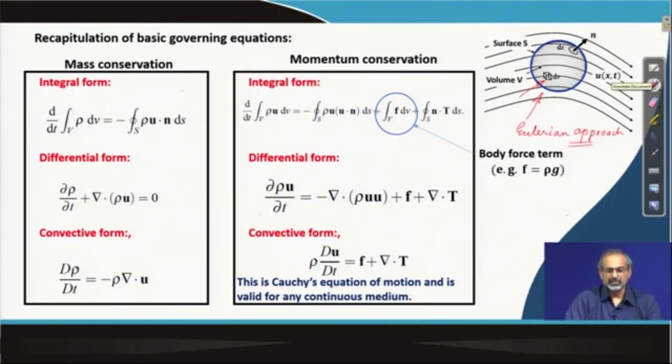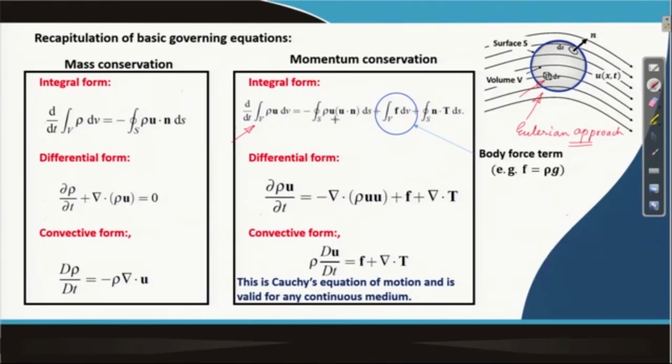And then comes the concept of momentum conservation, which is again applicable for that small elemental control volume. The indication on the left hand side is the rate of change of momentum in the fixed volume V, and then on the right hand side we have different terms.